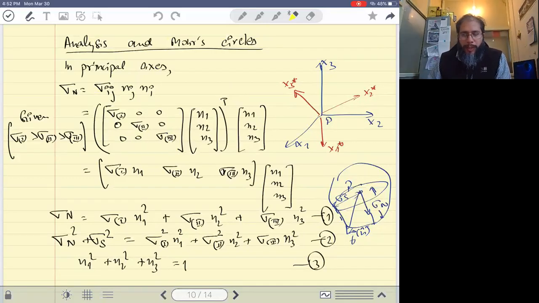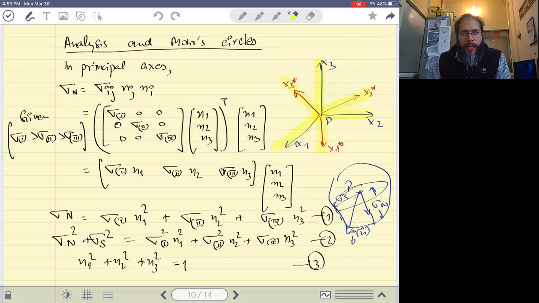The blue coordinate axis that we have is the axis in which our sigma is defined. But we can always find the red coordinate axis, which is x1 star, x2 star, x3 star, which correspond to the eigen directions of sigma at the point P.